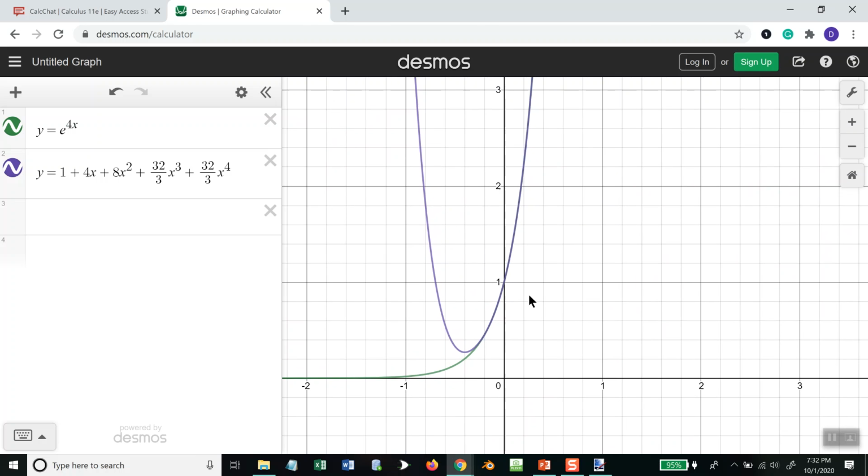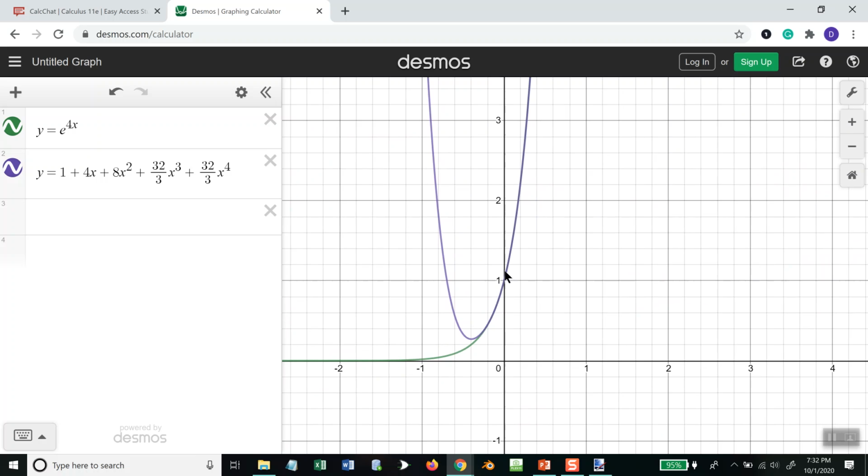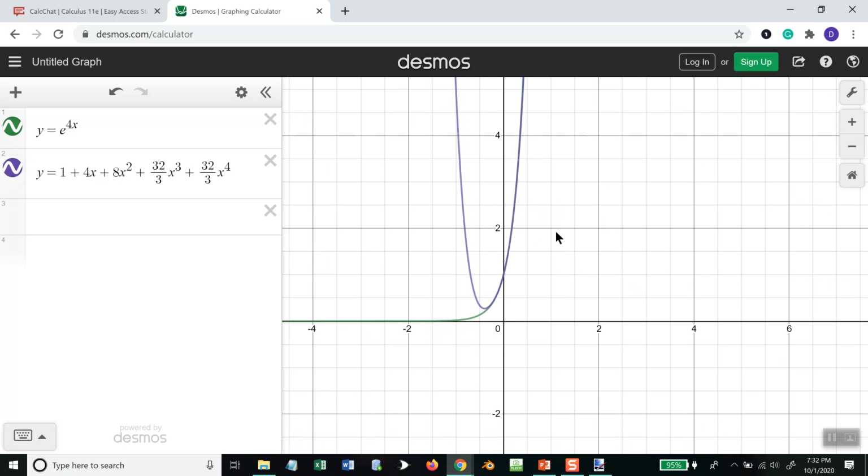Again, where we're looking is right around x equals 0, because that's what Maclaurin is focused on. And when you look at that, does it look pretty dead on? It does, doesn't it? So that's an excellent approximation at that point.